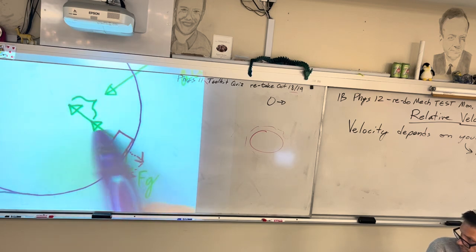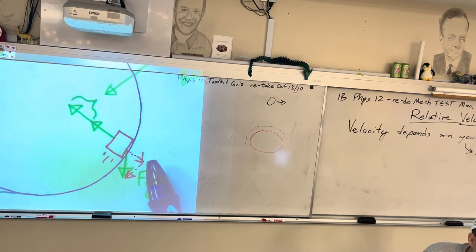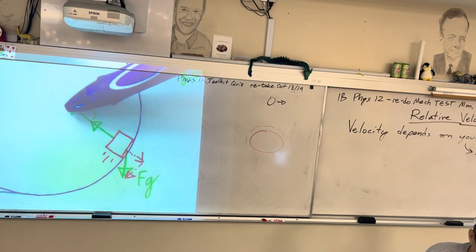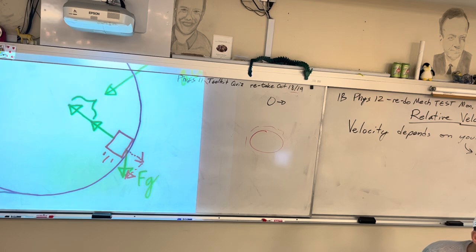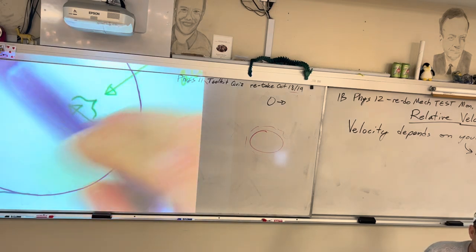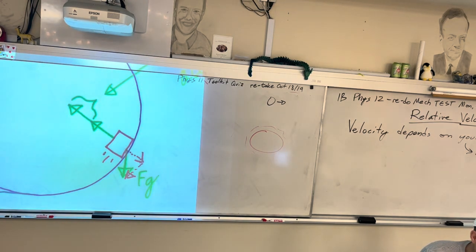Because if our normal force is just equal to this, that means that you should actually be decelerating in that tangential direction. Does that make sense? Because there's no net force towards the center of the circle, you're not going to be able to maintain uniform circular motion.